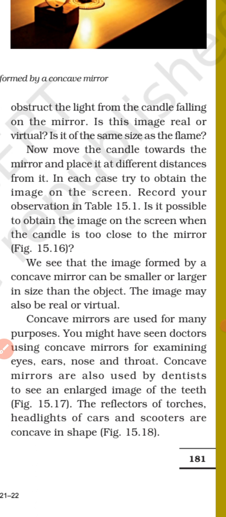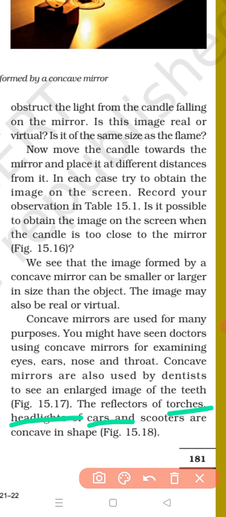It produces a strong and straight beam of light. When a lighted bulb is placed at the focus of a concave reflector, what will happen? It produces a powerful beam of parallel light rays, and this helps us to see things to a considerable distance in the dark night. So remember that concave mirrors are used as reflectors of torches and headlights of cars and scooters.